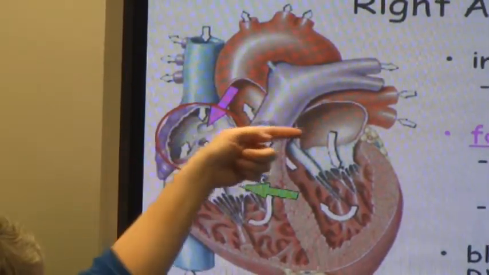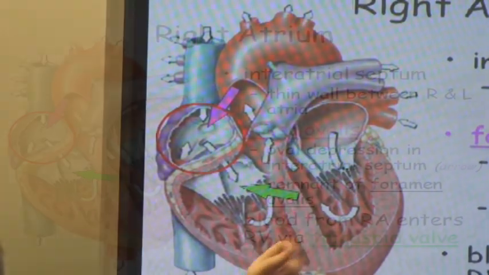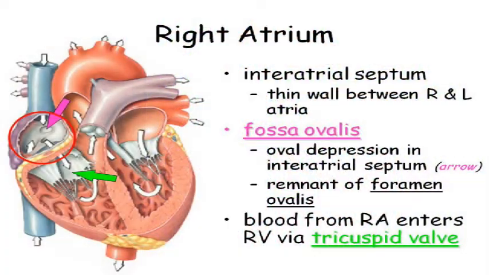It goes through that hole over to the left atrium, to the left ventricle, and then out to the baby's body. Because where's the blood being oxygenated? The fetus's blood comes from the mom, from the umbilical cord, right? Does that make sense? Okay.